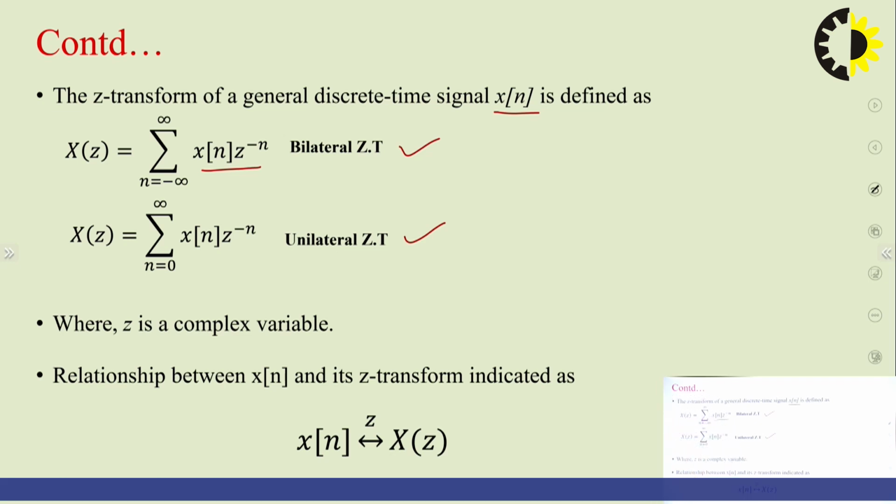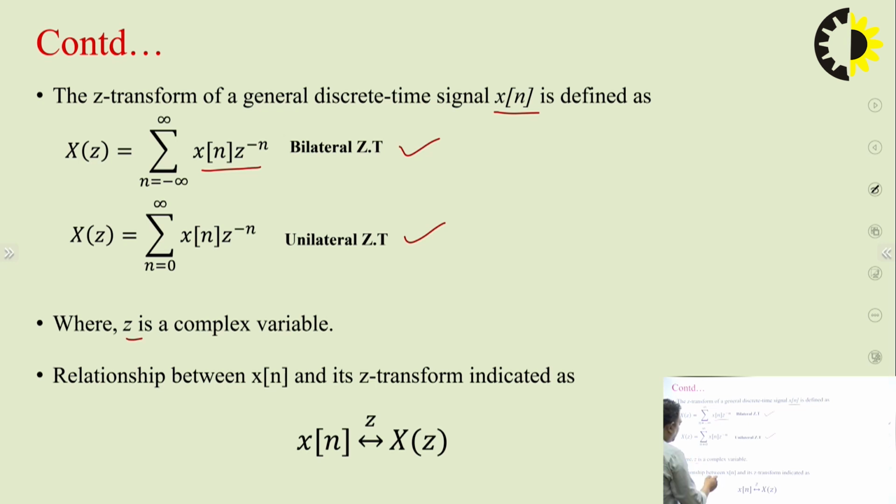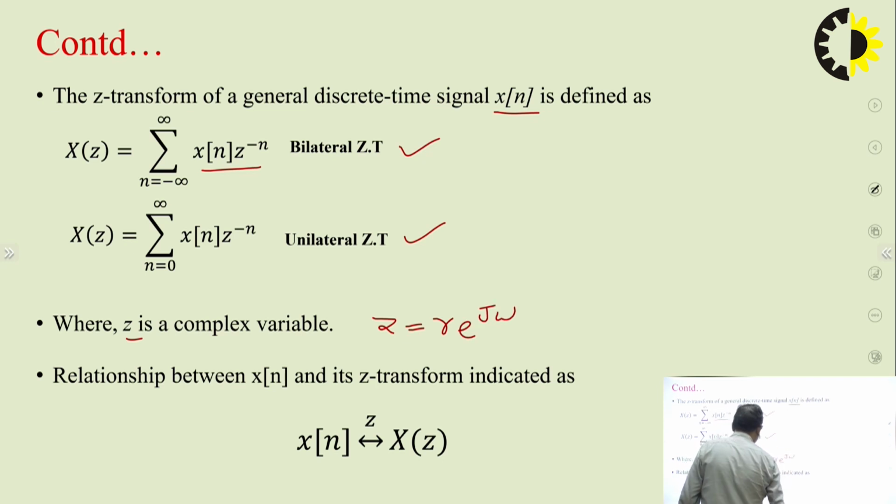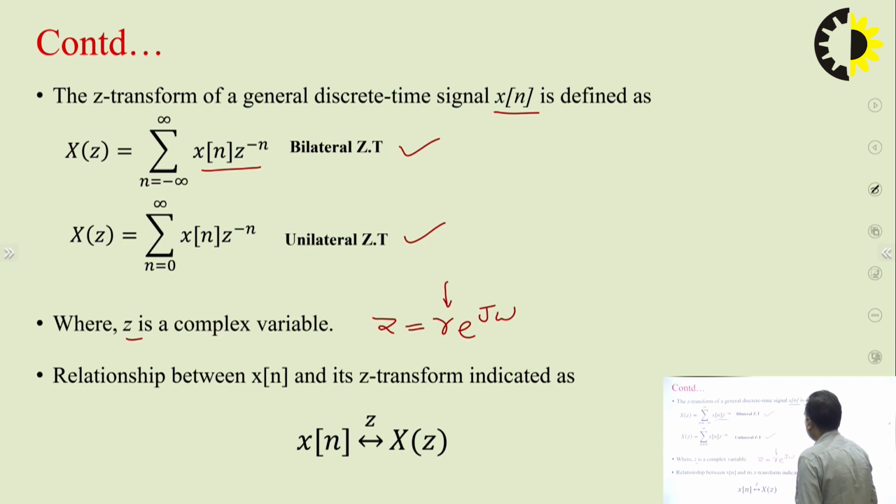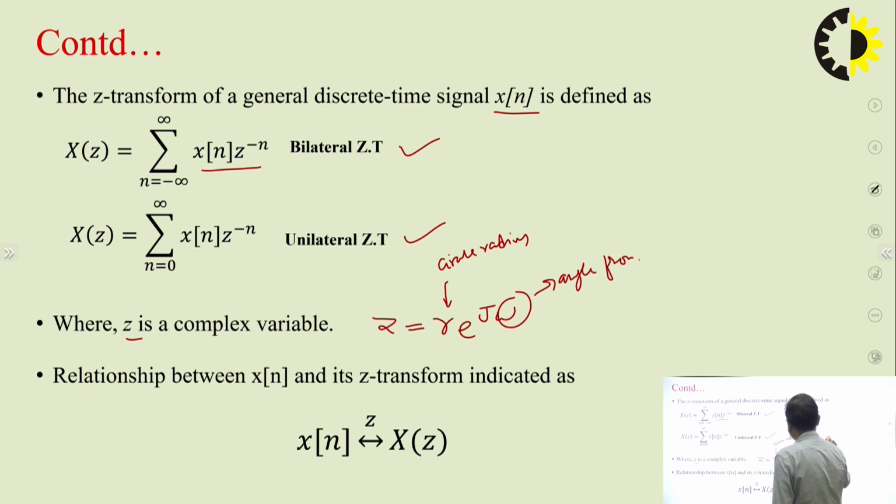Where z is a complex variable, we have already discussed this: z equals r e to the power j omega, where r is basically the radius of a circle, and omega is the angle from the positive real axis.